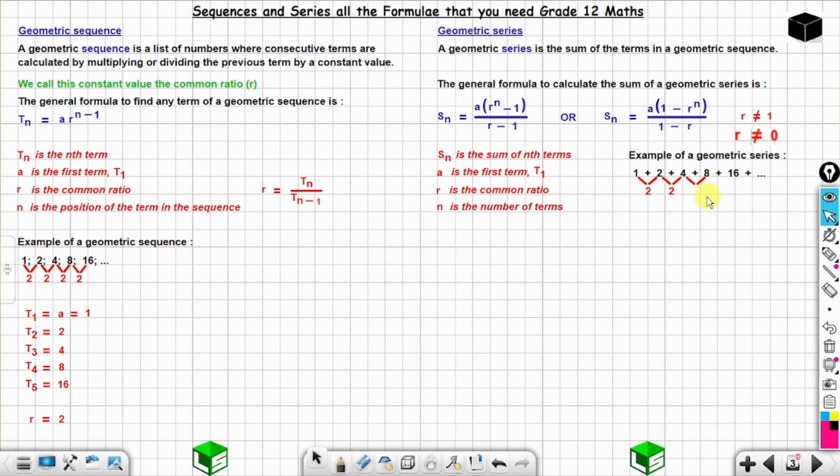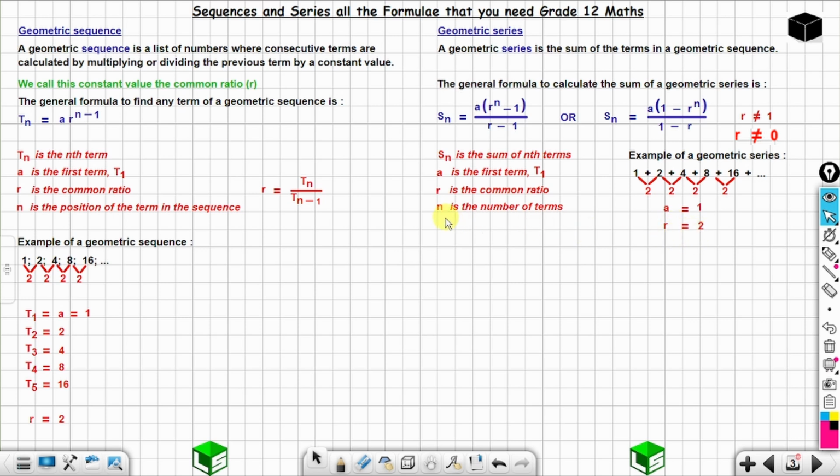To find the next number, you multiply by 2, so 2 is the common ratio. The first term, A, which is T1, is equal to 1, and the common ratio is equal to 2, the same as in the earlier example because we have the same numbers.